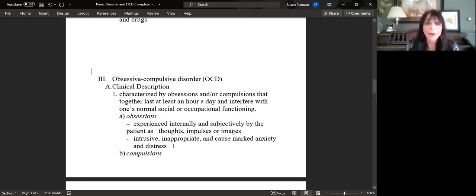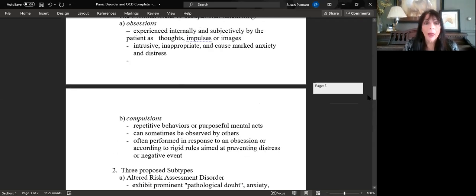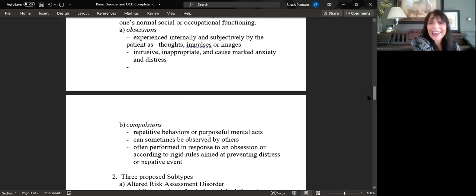Whereas compulsions are repetitive behaviors or purposeful mental acts. Sometimes, not always, these compulsions, these behaviors, can be observed by others.